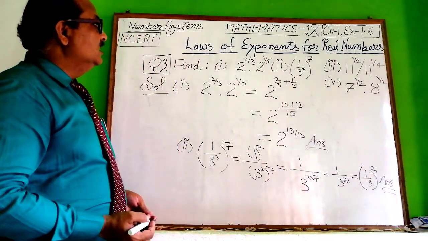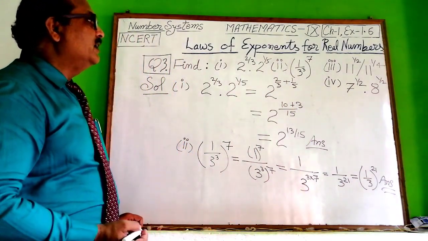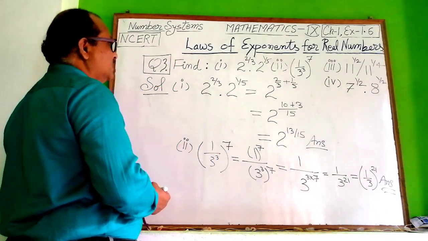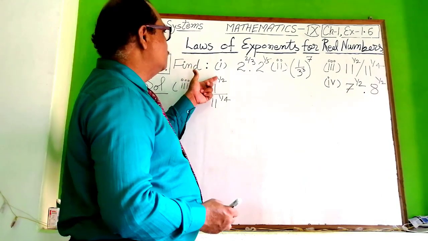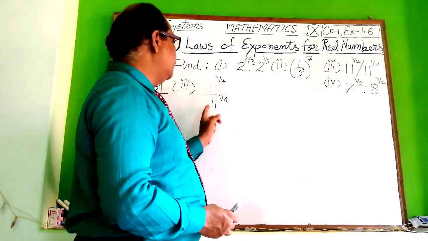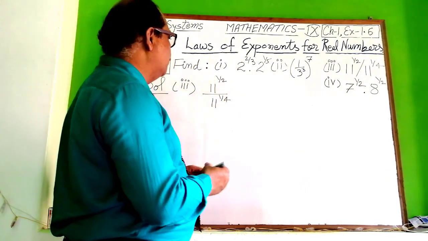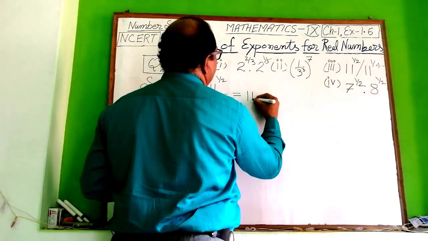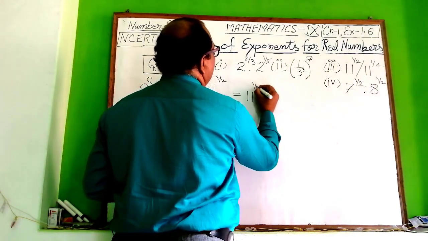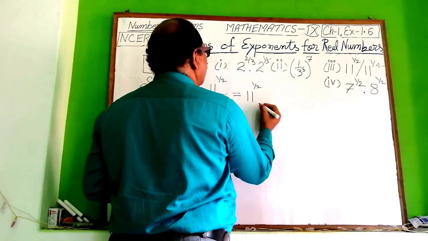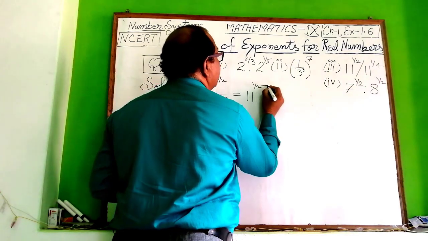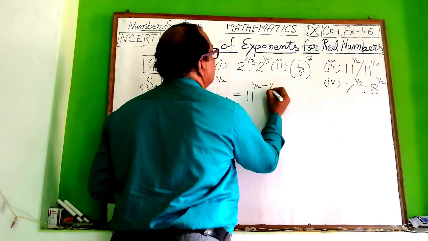Now come to see the third part. See the third part of the question. 11 raised to the power 1 upon 2 divided by 11 raised to the power 1 upon 4. So this can be written as 11 raised to 1 upon 2, and here division, when we are dividing, we will subtract like this.